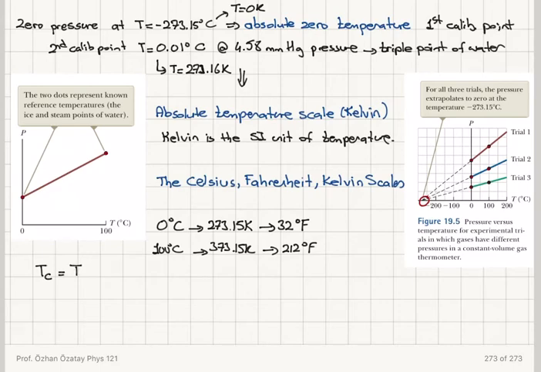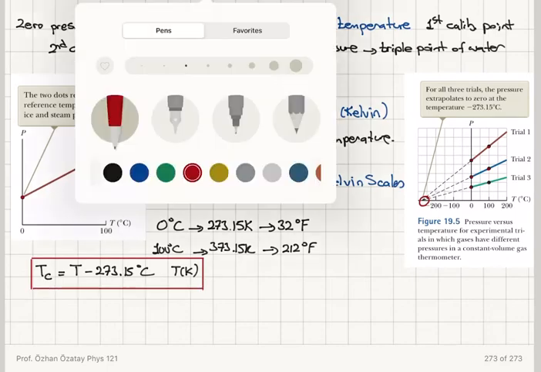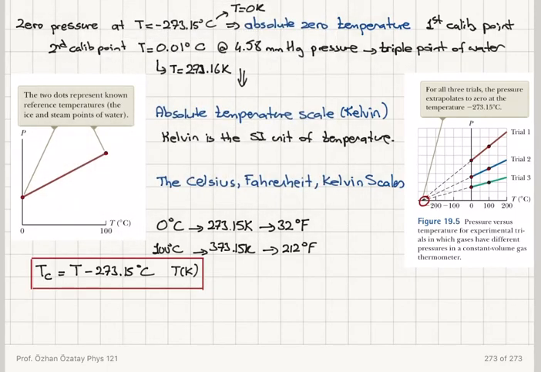So if I have a change in the Celsius scale, first of all, how do I go from the Kelvin scale to the Celsius scale? Temperature in the Kelvin scale minus 273.15 is the temperature in degrees Celsius. For example, if I have 0 Kelvin, that corresponds to minus 273.15 degrees Celsius.